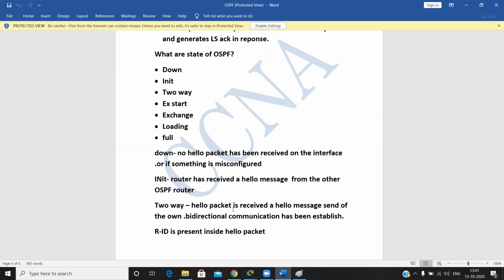Now in 2-way, the hello packet is received and it also sends its own hello packet, and bidirectional communication has been established. The router ID is present in this packet.